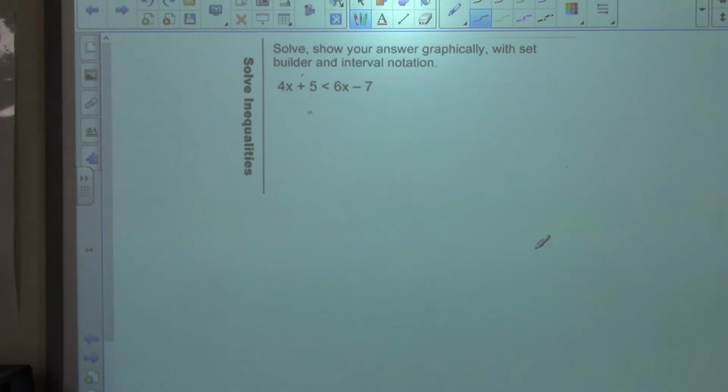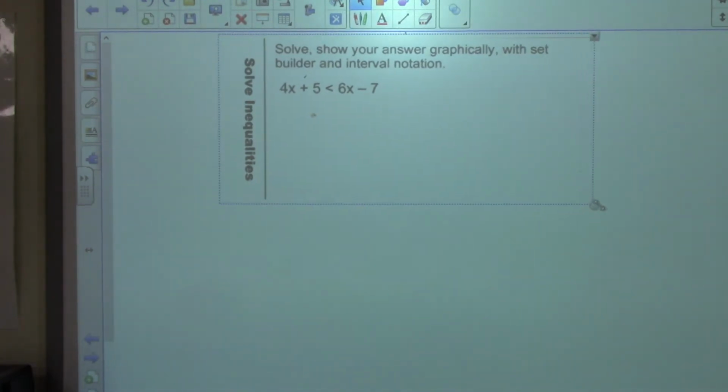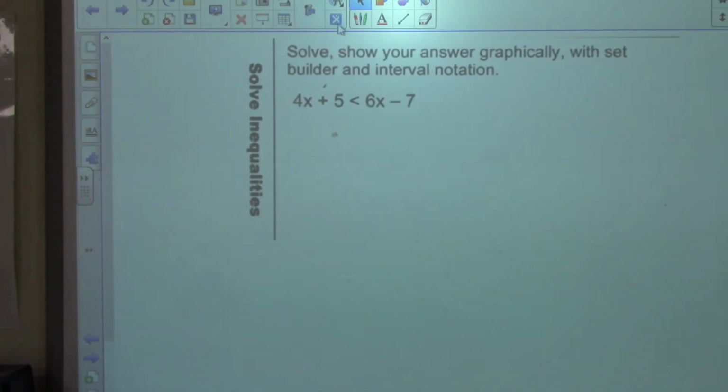And then the next one we have here is this solving inequalities problem. For this one, it's really quite similar to the last one, isn't it? I'm going to go ahead and subtract 4x like this. And then I'm going to add 7 like this.